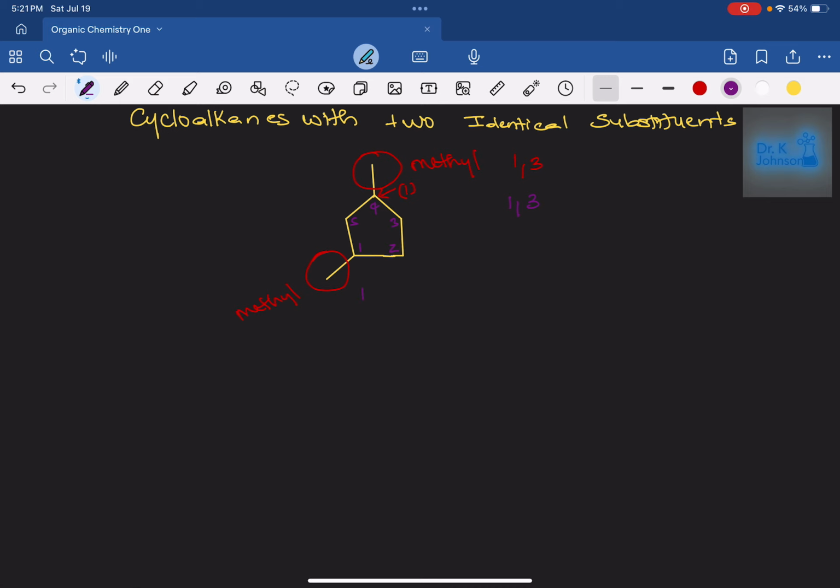So now, me numbering not in the right direction, notice what's happening. My one methyl group is on 1 and the other one is on 4, which is why, please remember this, you can put number 1 either here or here. The key is number in the direction that gives the second substituent the lower number. And that right there is 1, 3. Okay?